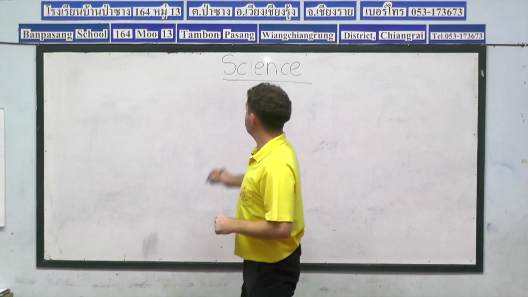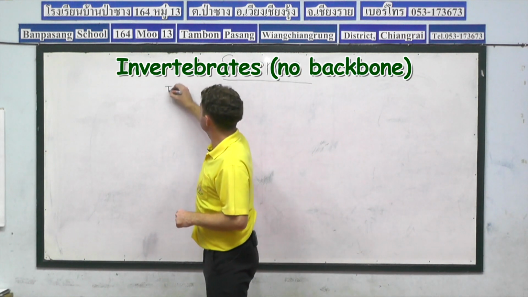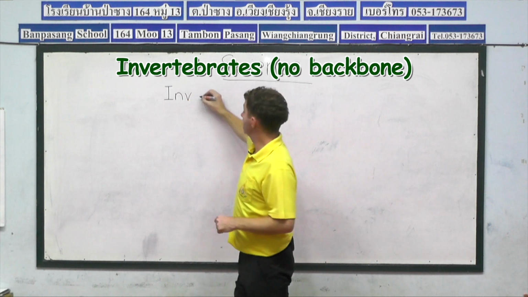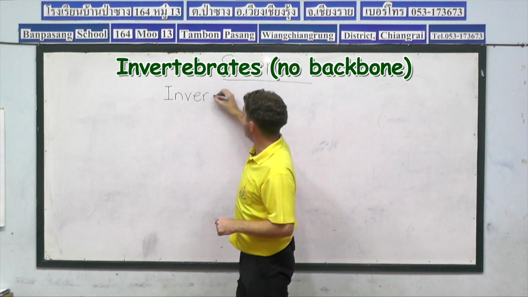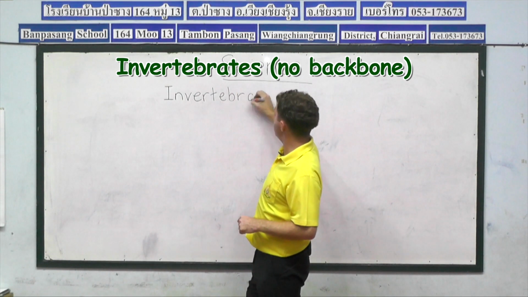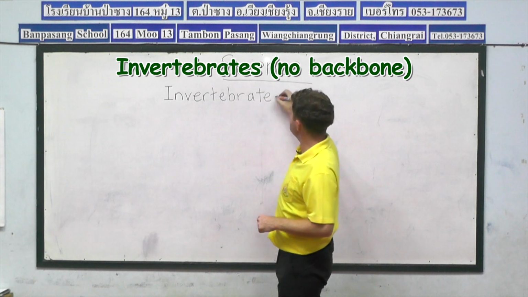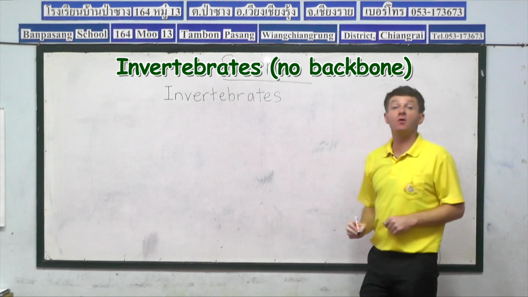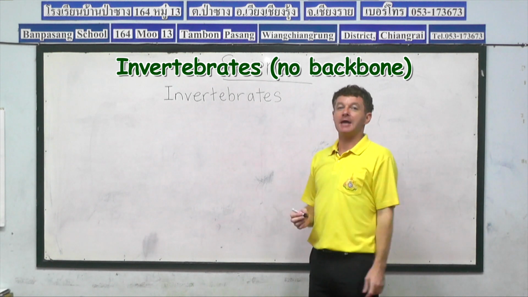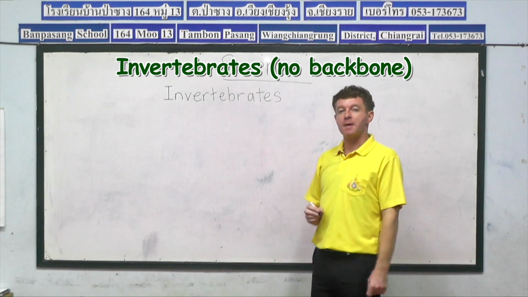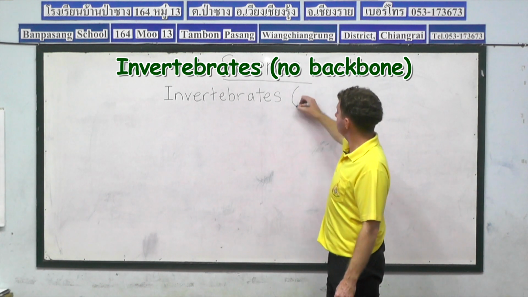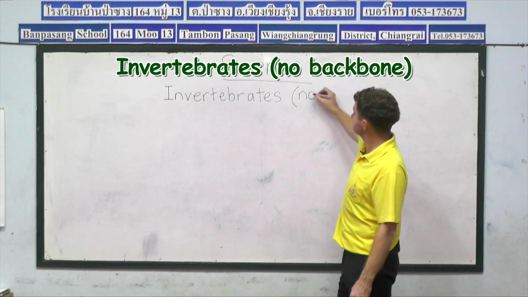So let's spell that word on the board together. I-N-V-E-R-T-E-B-R-A-T-E-S. Invertebrates. Quite a strange name for animals that you don't often remember. So if you see the word invertebrates, just remember what it means.